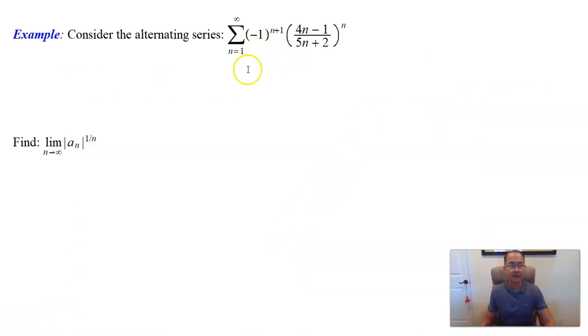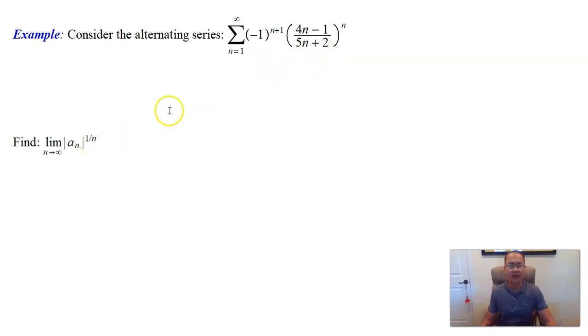All right, here's our first example. We will look at the alternating series, summation 1 to infinity, negative 1 to the n plus 1, 4n minus 1 over 5n plus 2, quantity to the power n. Okay, so for the root test, we have to take the terms of our series and get the nth root.